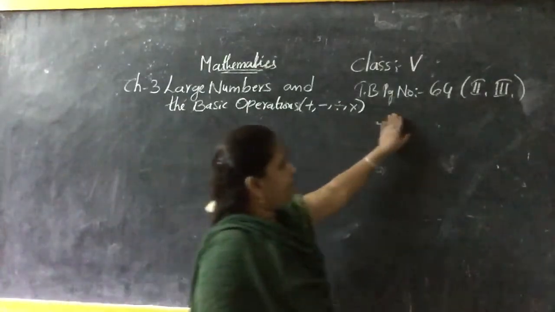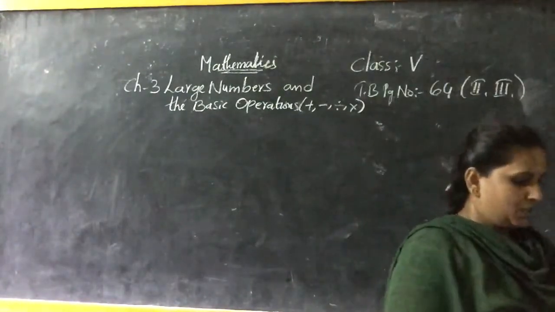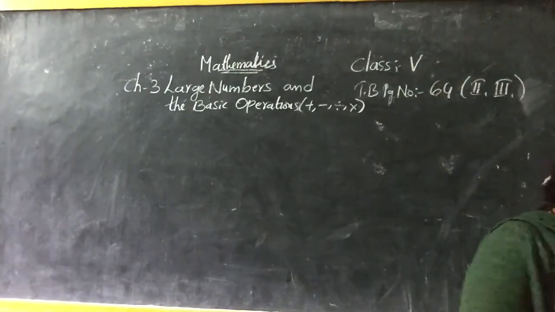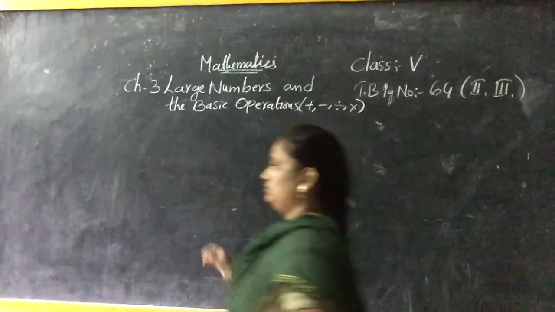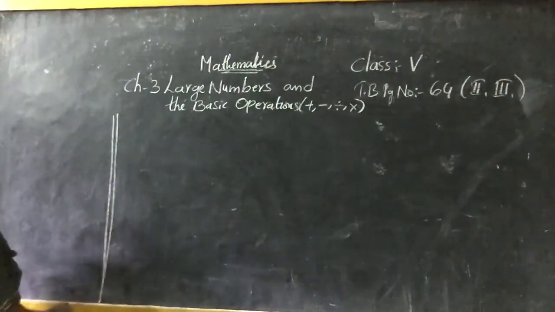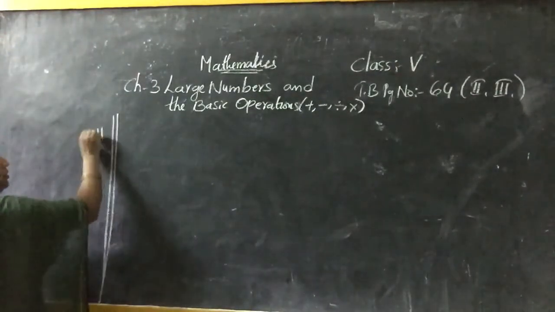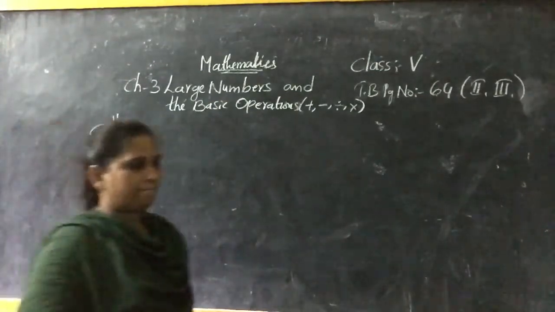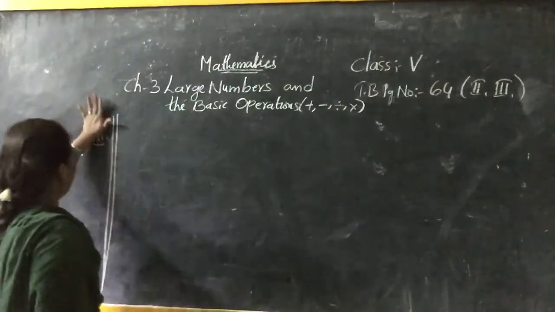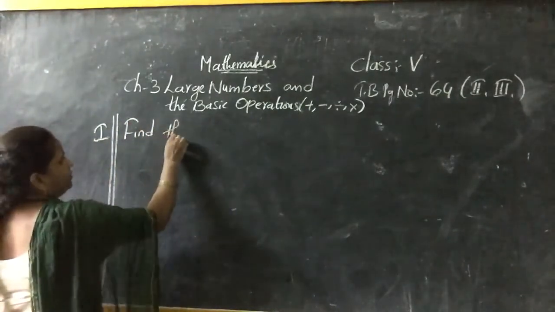You can also copy textbook page number 64, sections 2 and 3 in the classwork. No problem. After writing the heading, write Roman number 1, children, and write the heading: Find the sum of.